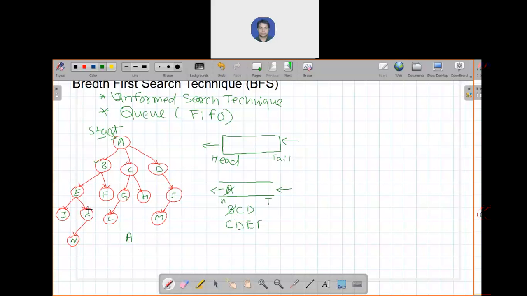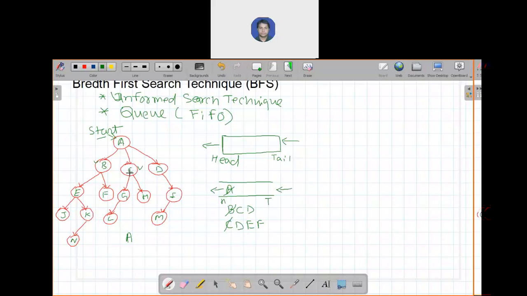Again, you can follow any order, F first or E first. I'm following E first, then F. Is it clear? Then again, remove the top element, and if we remove C, what are the states we can explore from C?